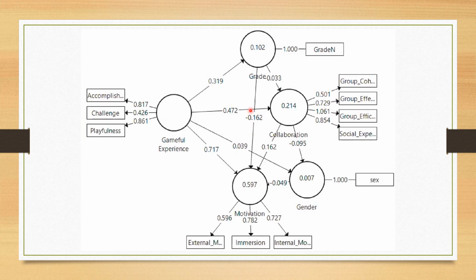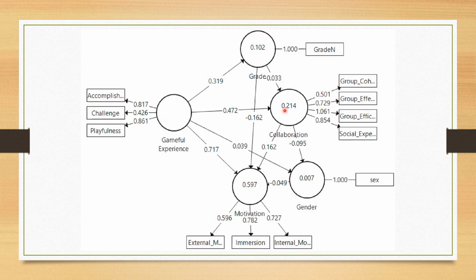So there is an indirect connection, but for gameful experience, the direct connection is the more important one. It's not really getting filtered through grade to affect collaboration, nor is it really getting filtered through grade to affect motivation. It's just directly affecting it. There are a couple of indirect effects here.